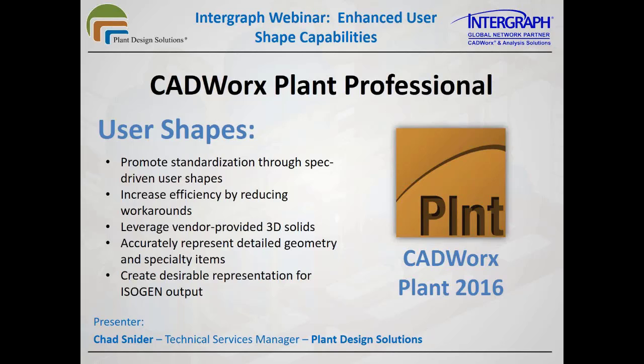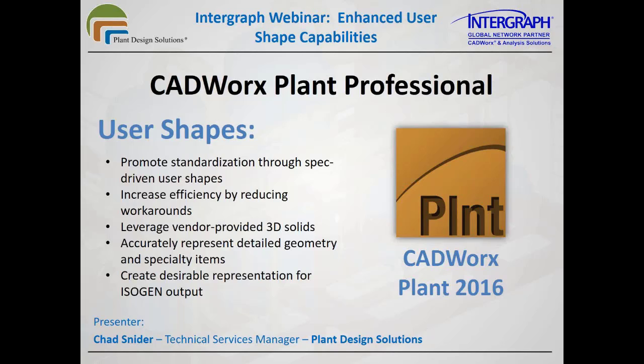And going over these bullet points here a little bit, the user shapes do promote standardization through spec driven user shapes. So if I don't have my steam traps in my specification, then I might have 4 guys on the floor that all model their own steam traps and maybe do a generic attach on them so they show up on the bill of material, or they might approach things differently.